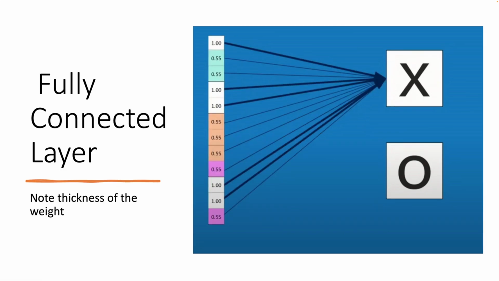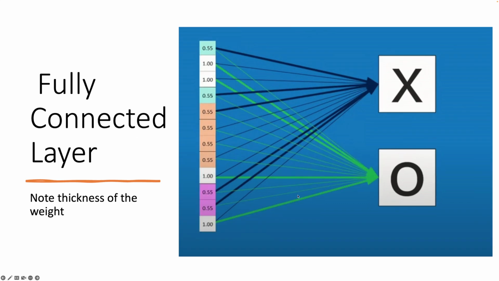Okay. Now, this example is pretty simple because we're only classifying an X or an O, and that's not very hard to do. We could probably get away with just having straight weights or voting. It would not be very difficult.